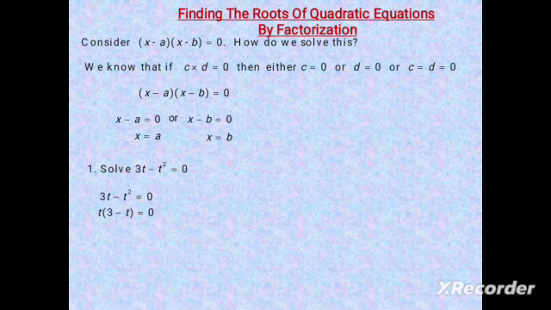And now we need to compare this with the format ax squared plus bx plus c equal to 0. And so we have that a is equal to 2, b equal to negative 5, and c equal to negative 1.